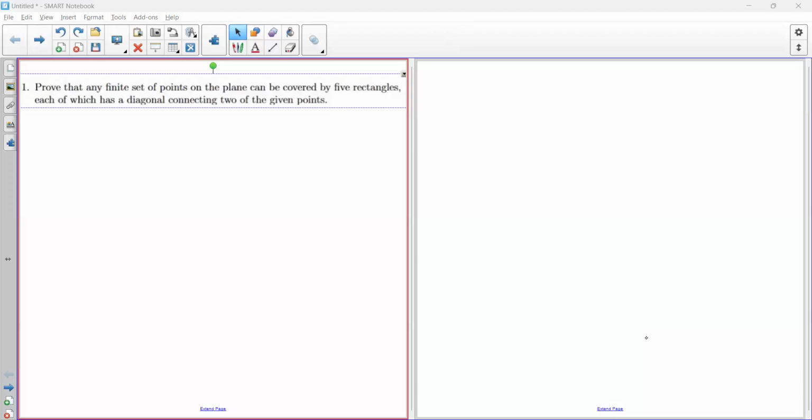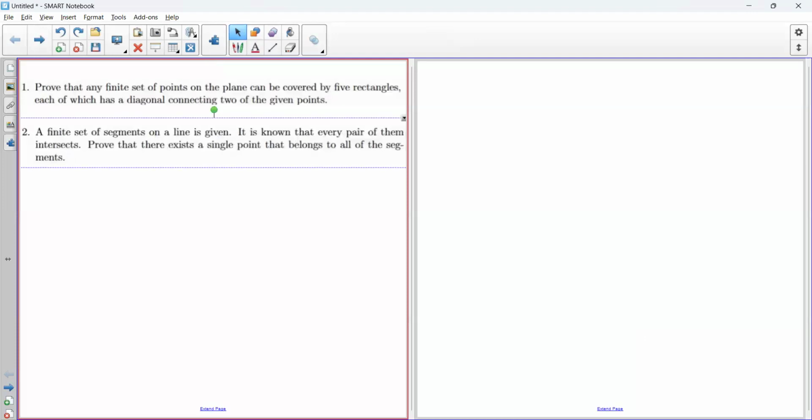Speaking of the second problem, I can call this a sort of preparation for Helly's theorem.